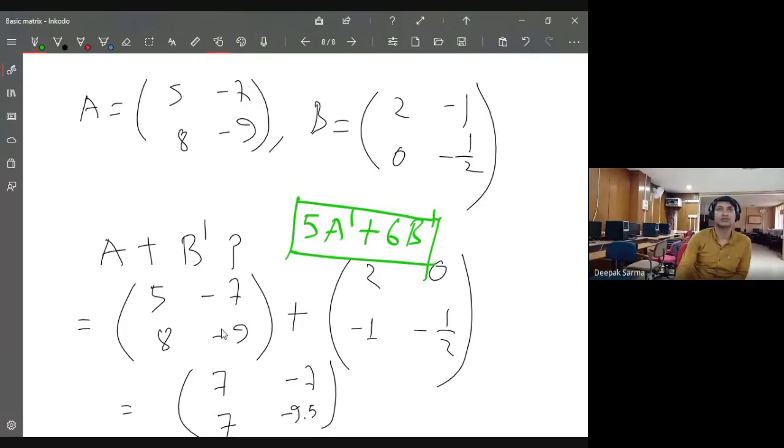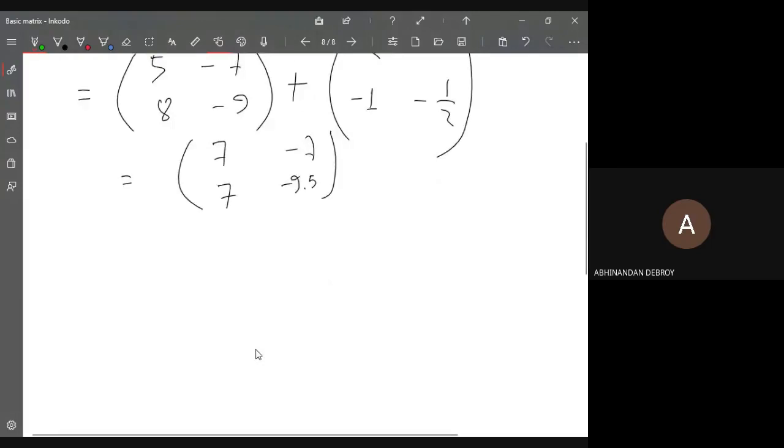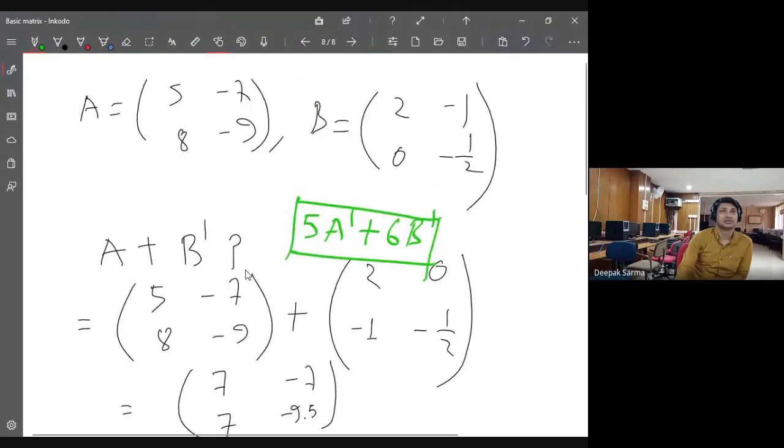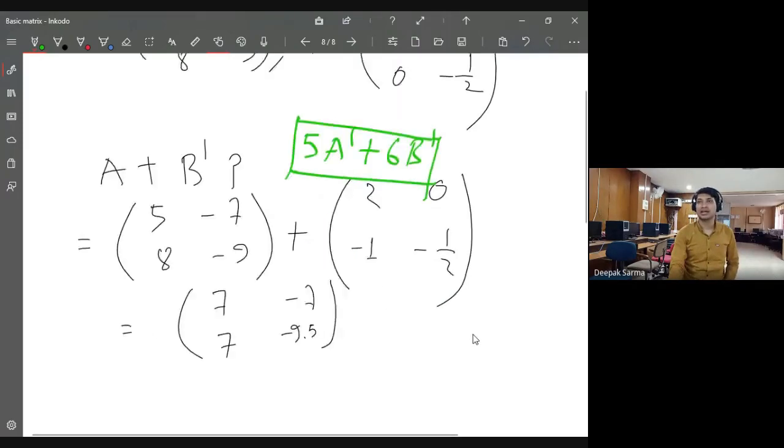Any questions from any of you? No, sir. Let me try something. So here, do you see A is 5, minus 7, 8, minus 9. If I take A transpose, I will get something else. Suppose here B is 2, minus 1, 0, minus half. If I take B transpose, what do I get? 2, 0, minus 1, and half.